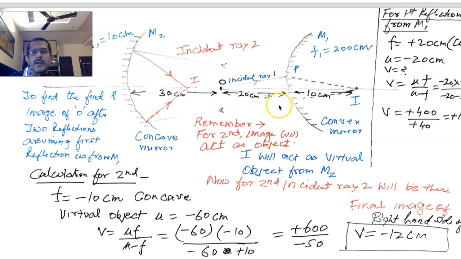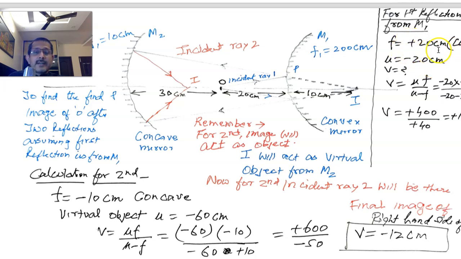Why minus 20? Because see, incident ray is in this direction, and just now I explained the direction of u is from pole to object. So pole to object is opposite direction, so it is minus 20. Okay, very good.